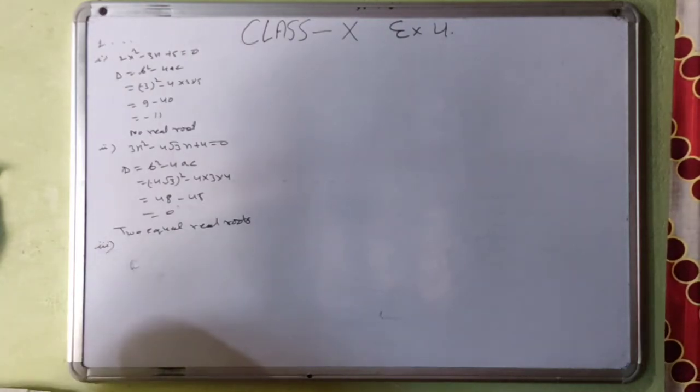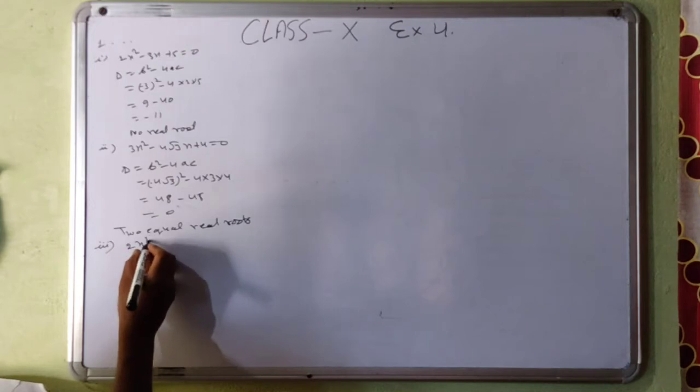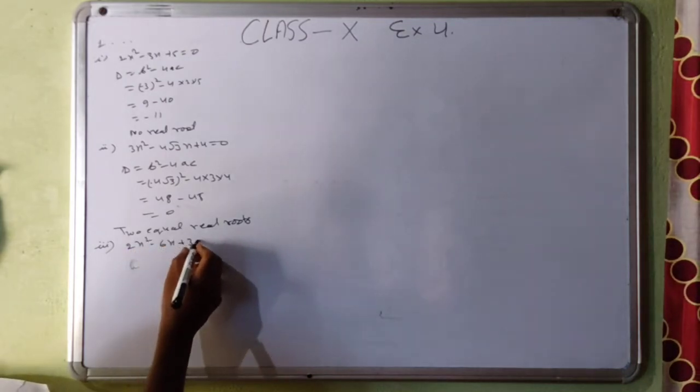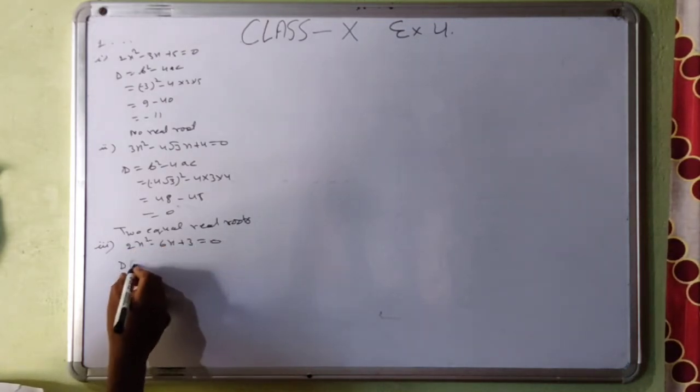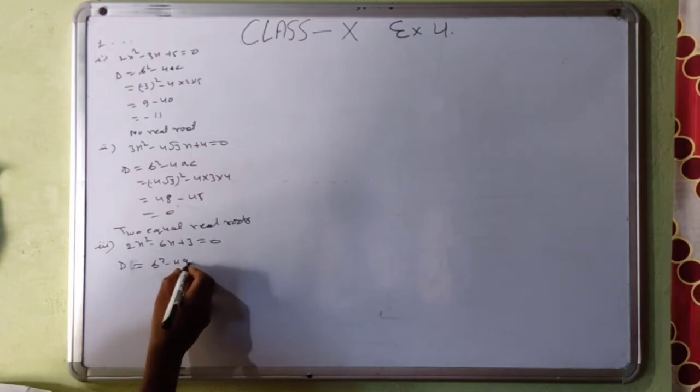That third part: 2x square minus 6x plus 3 is equal to 0. So D is equal to b square minus 4ac.